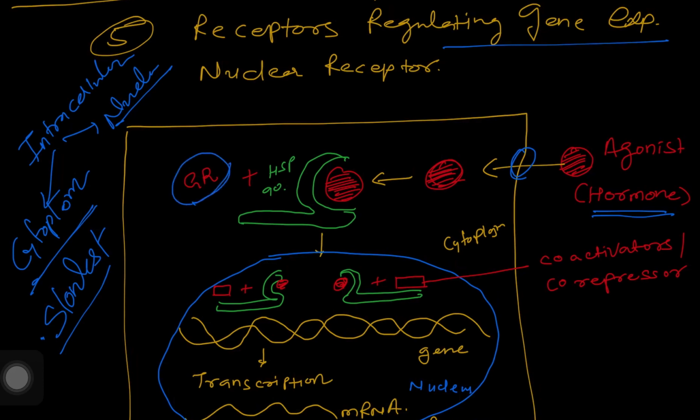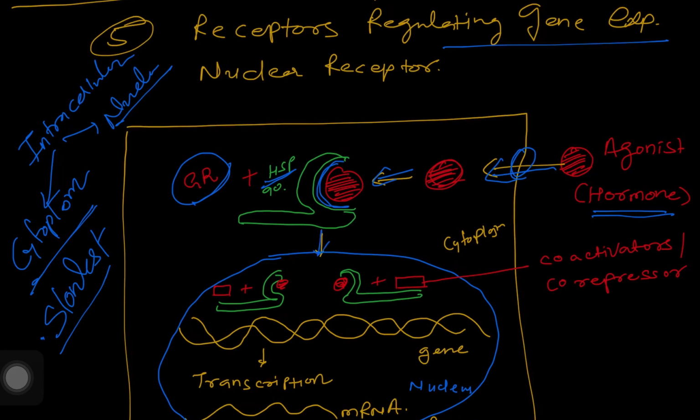So these glucocorticoid receptors are present inside the cell and they are usually attached with some proteins, here called heat shock protein. So there are multiple proteins with which these glucocorticoid receptors are attached. This agonist goes inside the cell and gets attached to a particular site on the receptor.